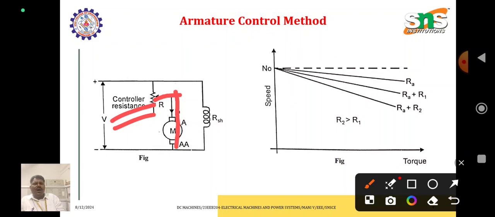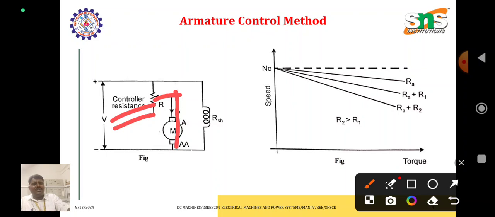Here in this speed control method, the armature resistance is very high. If you decrease the armature resistance, the current applied to the armature increases, and the speed also increases.